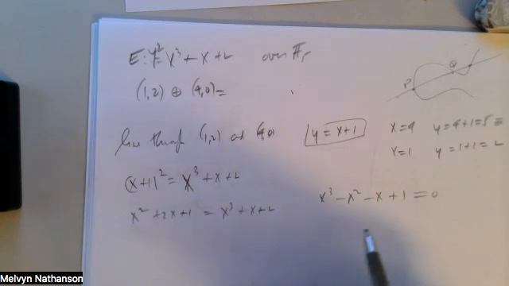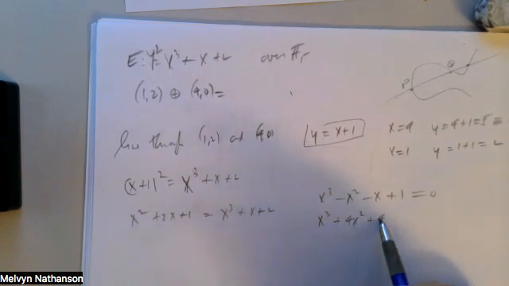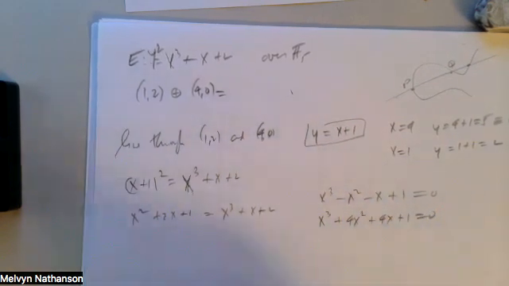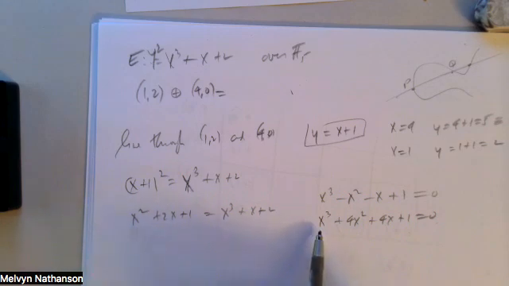Now, since you're working mod 5, this is the same as x cubed plus 4x squared plus 4x plus 1 equals 0. You let x equal 1, you get 10, which is 0 mod 5. You let x equal 4, you get 64 plus 64, 128, plus 16 plus 1, 145, which is also 0 mod 5. So what is the third point on this curve?